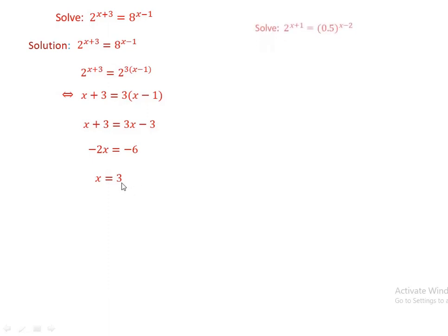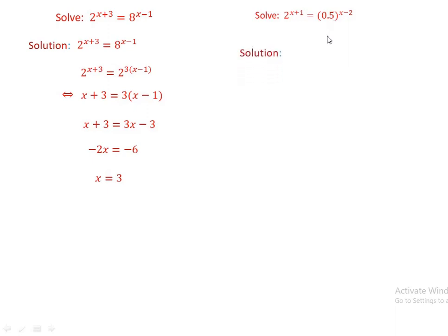The other question: solve 2 to the power of x plus 1 is equal to 0.5 to the power of x minus 2. Now, to solve these expressions, if it is possible, we should write them in the same base, and then we can equate their exponents.